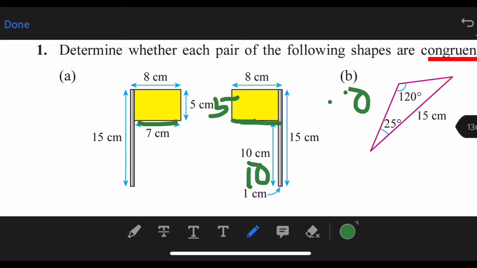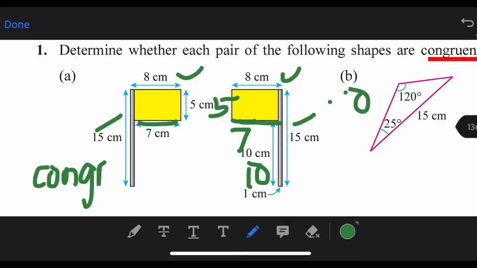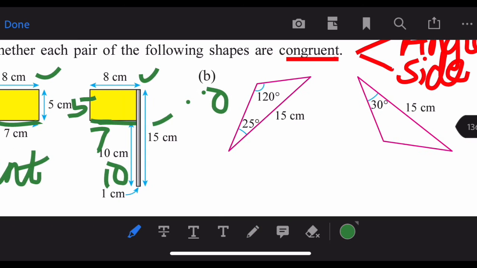So for question number 1a, the answer is congruent because we have checked all the sides are equal. If all the sides are equal, then we can say that it is congruent, even though the position is not the same. So this A is congruent.